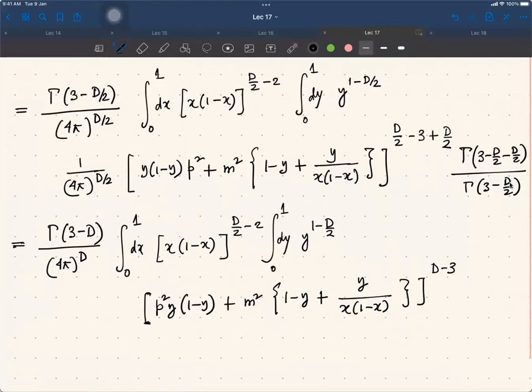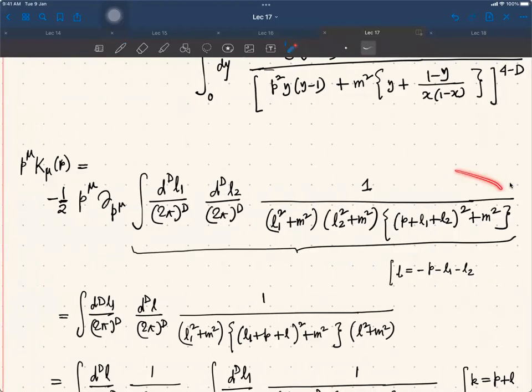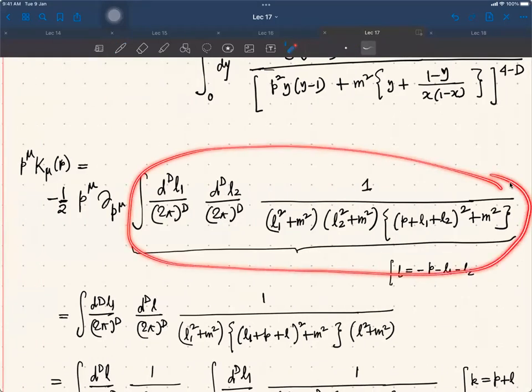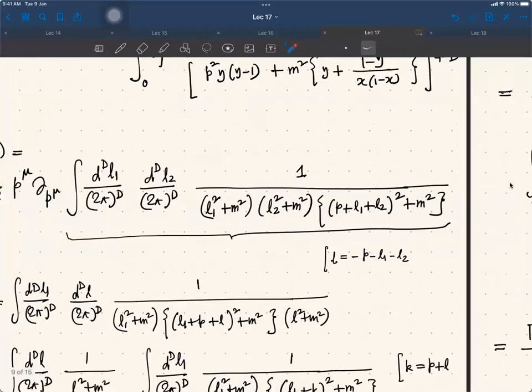So this is the result of the integral here. So far we have been calculating this integral, and that's the result. But the actual quantity we're going to calculate is this one, which is minus half p mu del p mu acting on that.